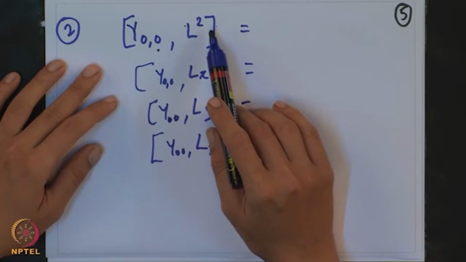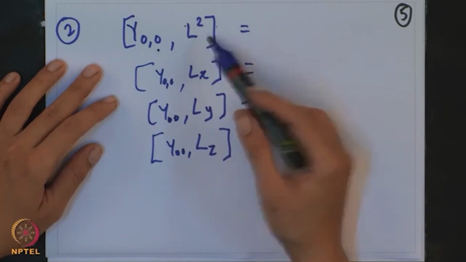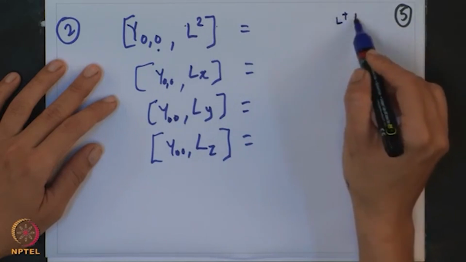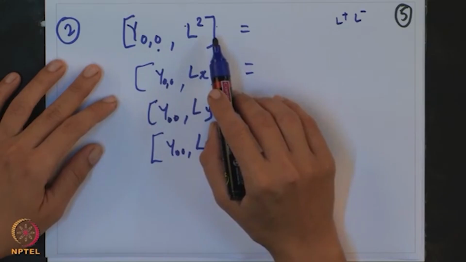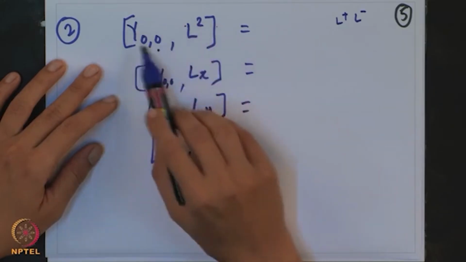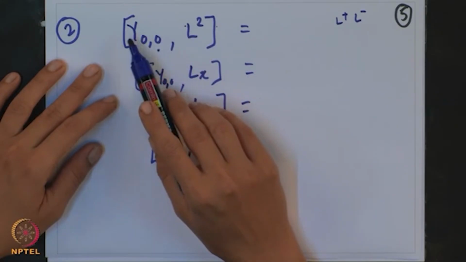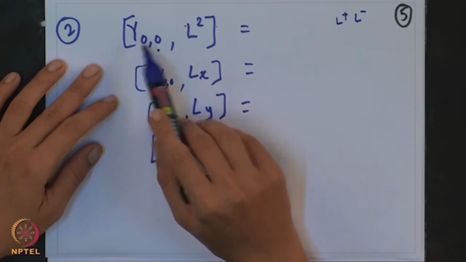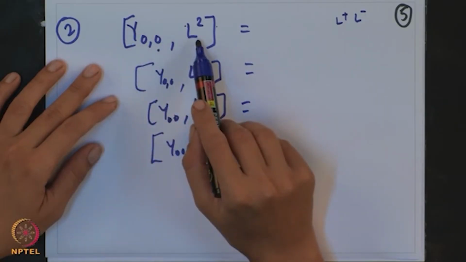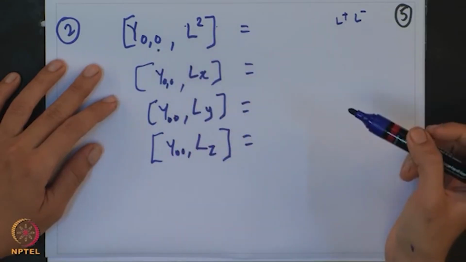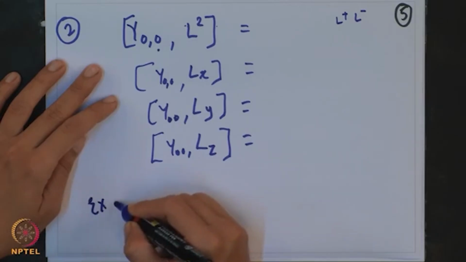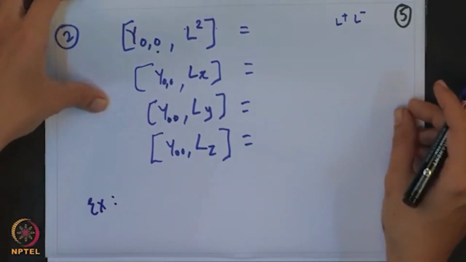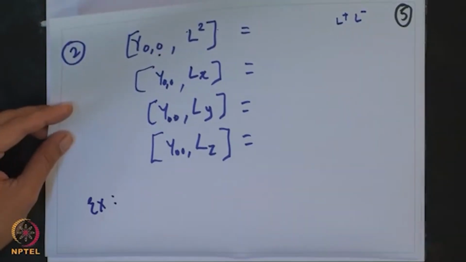You can either use the ladder operator, writing it in terms of the ladder operator if you wish, or you can simply write the spherical harmonics and L square in polar coordinates and see what you get. So this is an exercise for you to try.